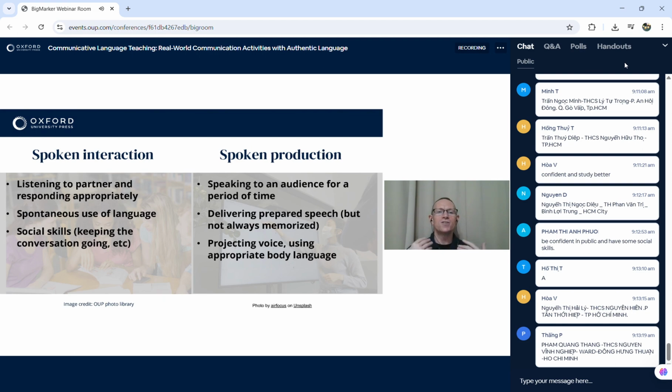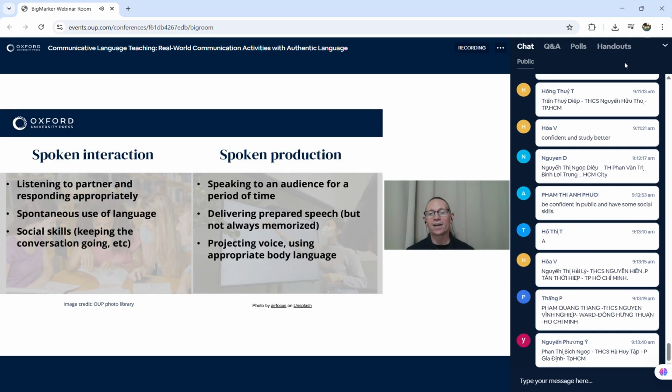And being able to use the language spontaneously, so students aren't using a script when they speak with a partner, for example. And social skills, which again, some of you mentioned, are also very important. Keeping the conversation going by asking your partner questions. So for example, if you were to ask me, what's your favorite music? I would say, well, I like jazz music, but also, how about you? What kind of music do you listen to? This keeps the conversation going.